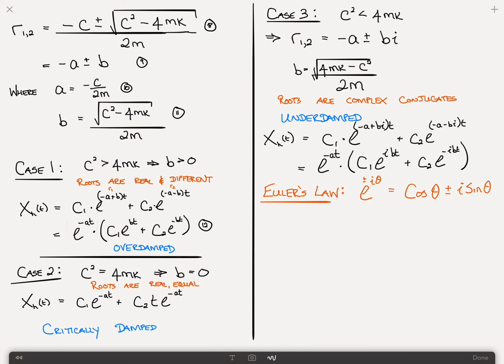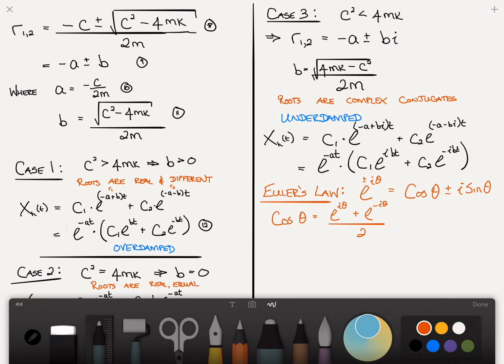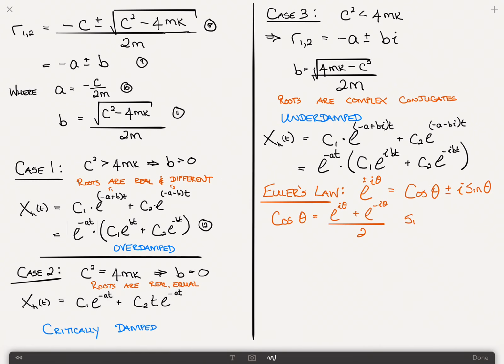A consequence of that is that we can write cosine of theta is equal to e to the i theta plus e to the minus i theta, divided by 2. And we can also write that sine of theta can be written as e to the i theta minus e to the minus i theta, divided by 2i.